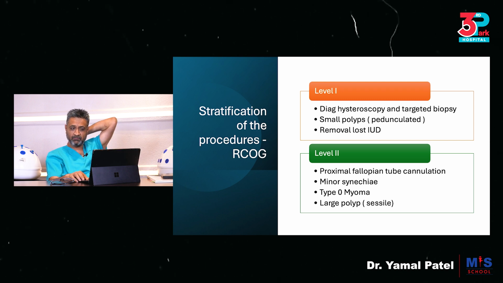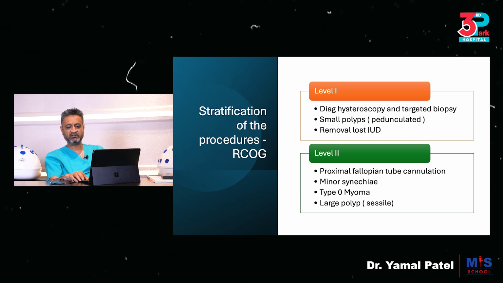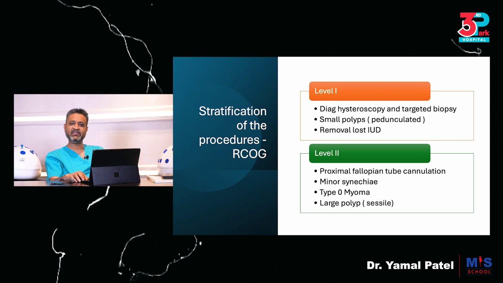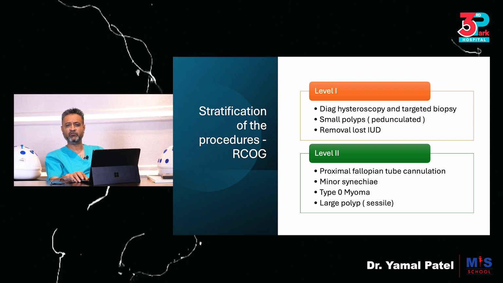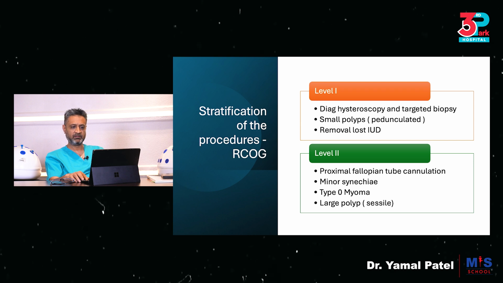Level 2 gets a little more complex where there is proximal tubal cannulation. We have minor synechia and Asherman's to a type 0 myoma, and also involves removal of a large sessile polyp.